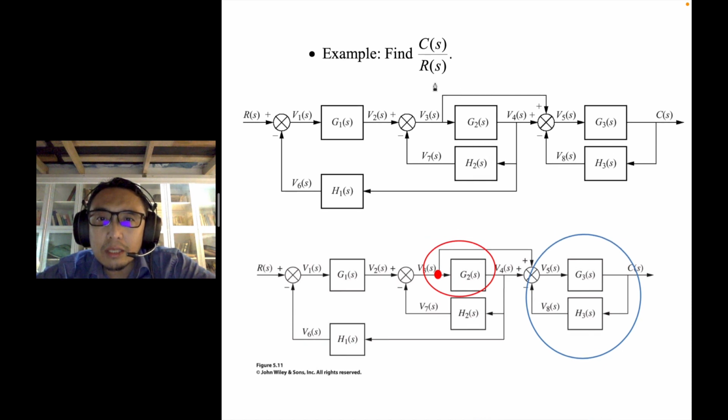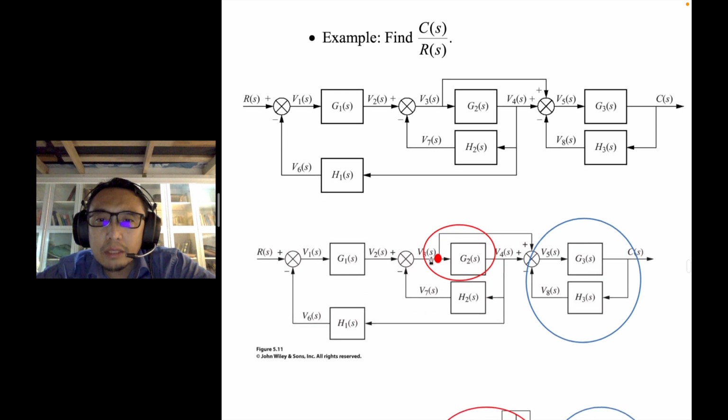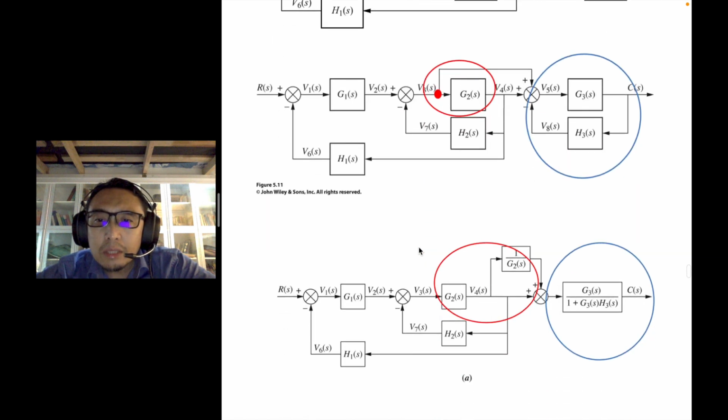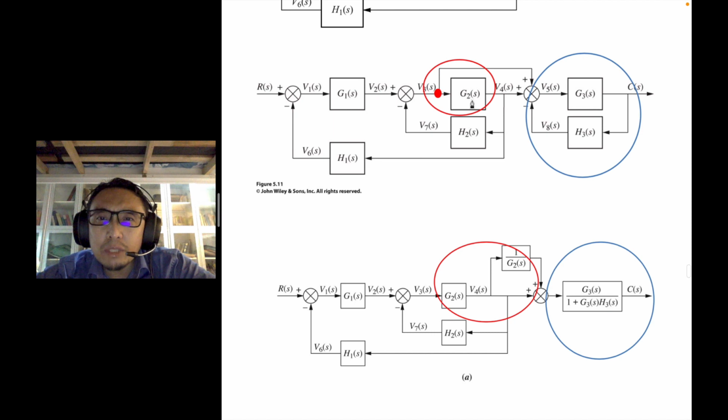Let's look at the one in red here. There's a pickoff point. The idea is we want to move this block from after the pickoff point to before the pickoff point, to see whether we can have an easier system to work with. So if you move this G2 from after the pickoff point to before it, that's V4, and then you need to add another block, 1 over G2, here.